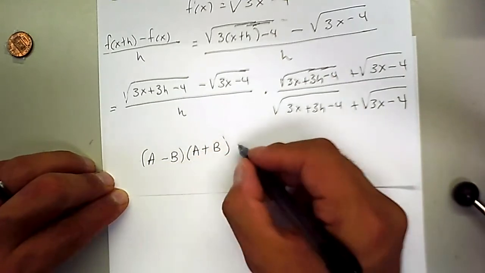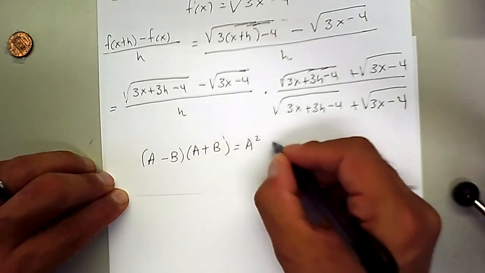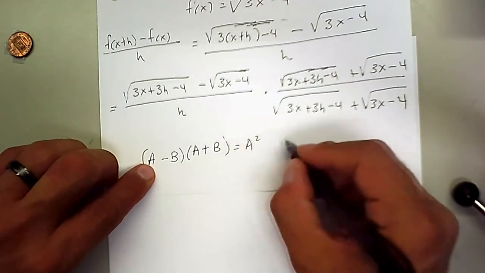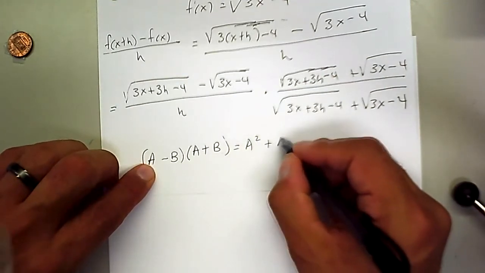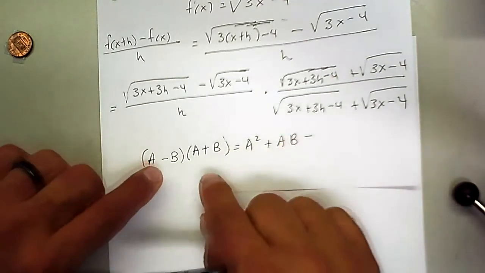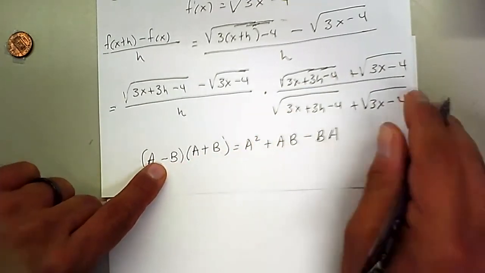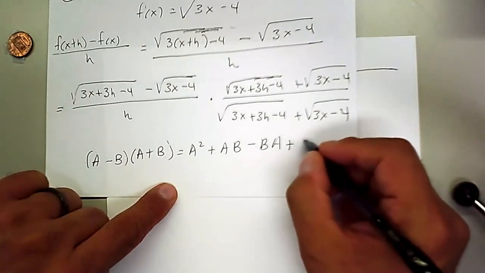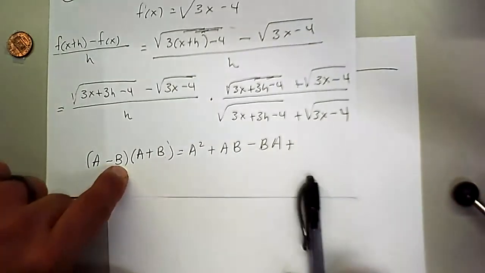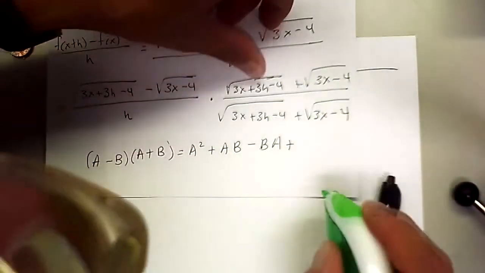Whenever we fold this out, we're going to end up with a squared, outer terms plus ab, inner terms minus ba, and then we're going to actually subtract b squared.